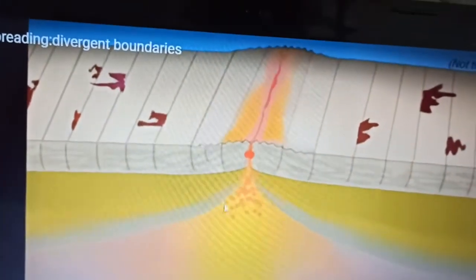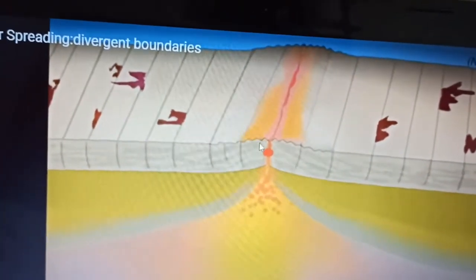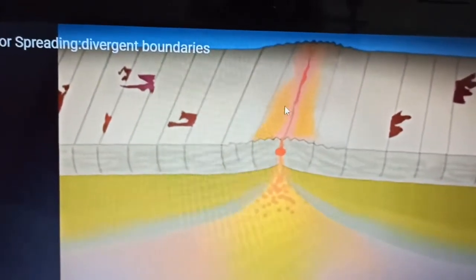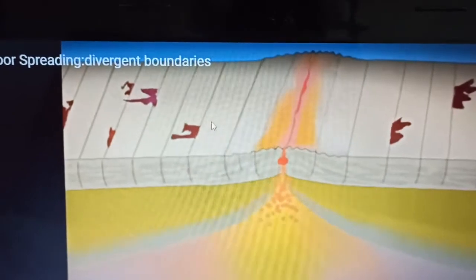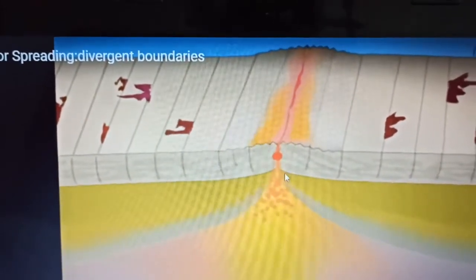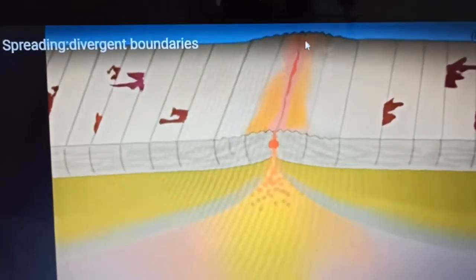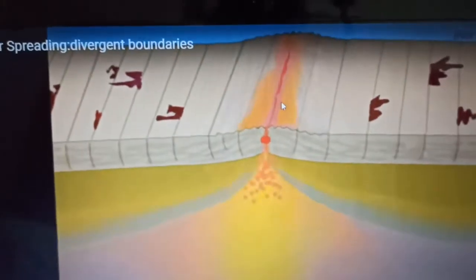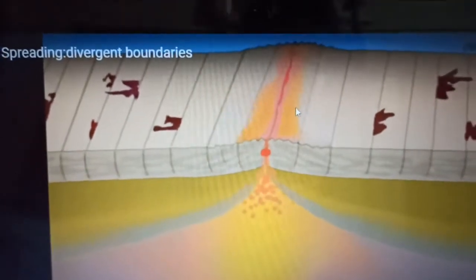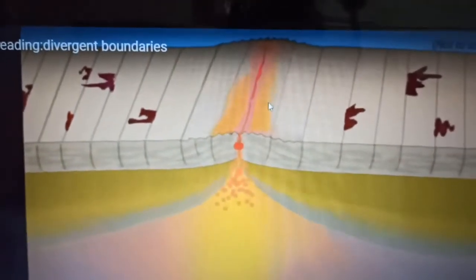Here you can see that when the magma is rising up, a new oceanic plate, a new ridge, is forming and it is going farther away. The older rocks are moving away from the ridge and newer crust is forming in this portion. So this is how sea floor spreading occurs at the divergent plate boundary and the mid-oceanic ridges are formed.